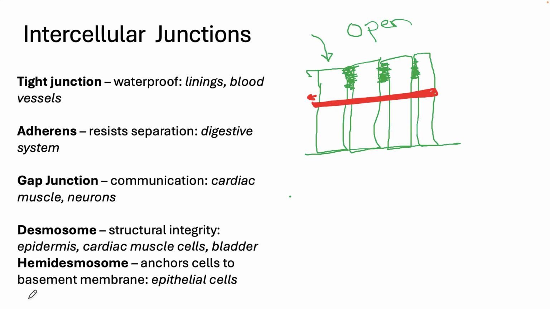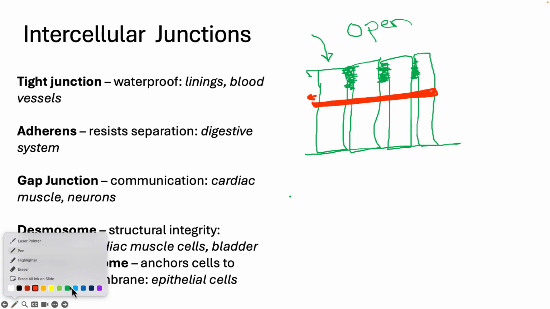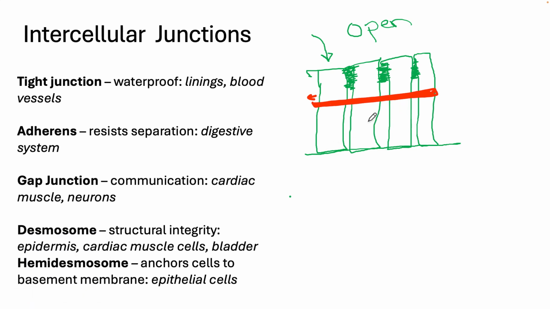The third type, and the one we're going to actually spend a lot of time on in this class, is called a gap junction. So remember that name. I would love to erase these plasma membranes here, because a gap junction is basically a tunnel between these two cells. So the cytoplasm on this side can go through, and the cytoplasm on that side can go through.